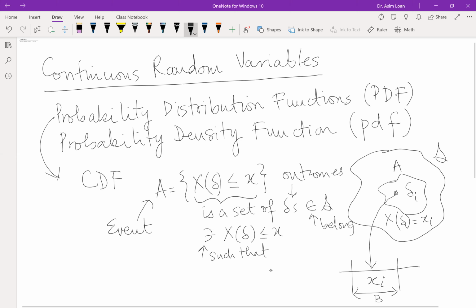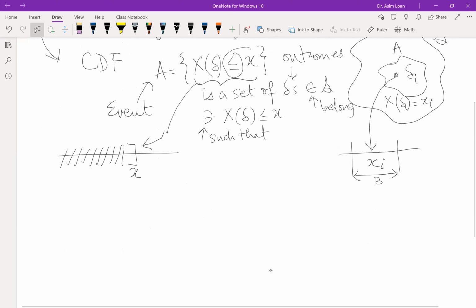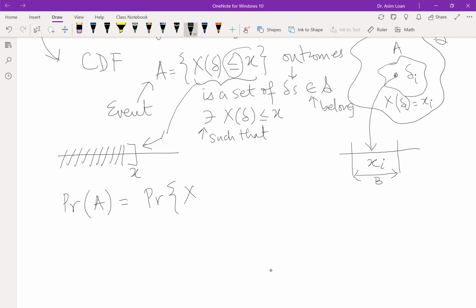So if this is some x, it's a closed interval, so all the outcomes that map into here will give rise to this event A. And you assign probability to events. So the probability of A is simply the probability that X is less than or equal to x, normally this delta is dropped.